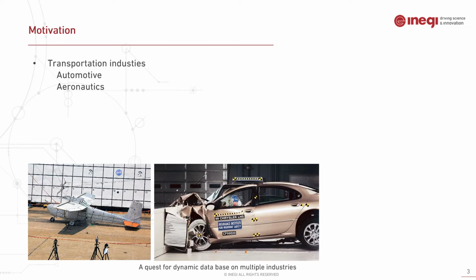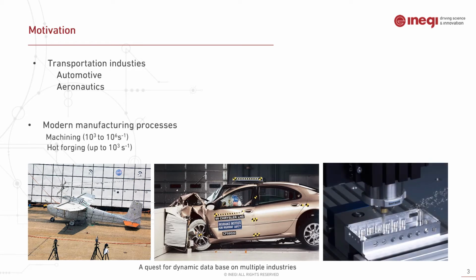So this type of information can be really useful in aeronautics and automotive industries, providing enough insight to optimize the crashworthiness of vehicles or can provide reliable input for crash simulations, replacing costly experiments. It can also be used in modern manufacturing processes where plastic flow behavior of materials could vary based on the loading rates.